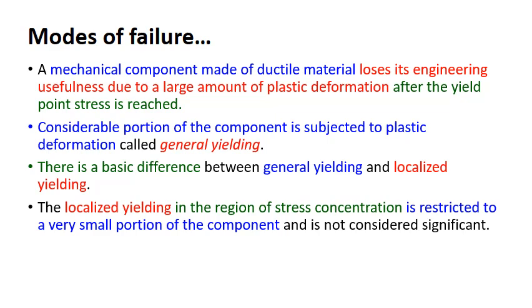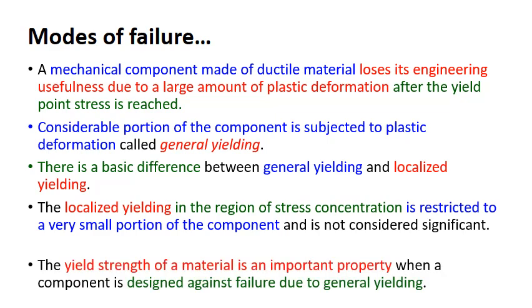And the corresponding mechanical properties we look into are rigidity and stiffness related properties like torsional rigidity, flexural rigidity, or elastic modulus, based on the type of load to which the component is subjected. In this case, we look into the yield strength. So it is an important property for designing against failure due to general yielding.